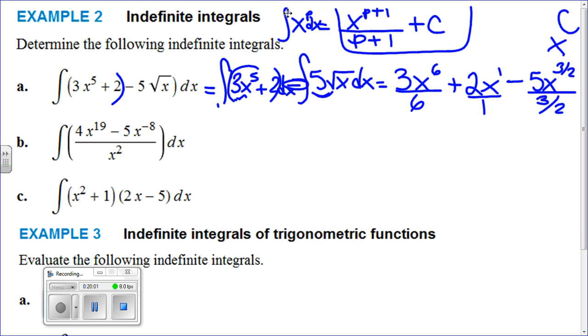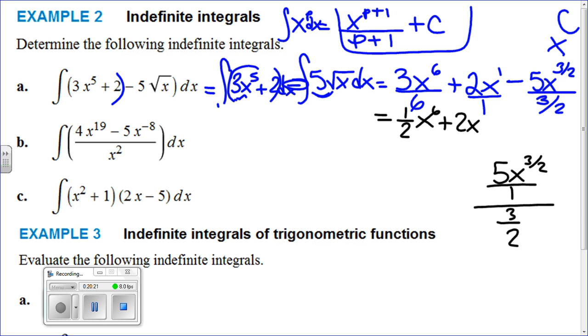All right, so what we can do to simplify it, of course, right away, 3 and 6, so that will be 1/2, right? So 1/2 x to the power 6. Here we're going to have plus 2x. And then here, you're dividing by a fraction, right?